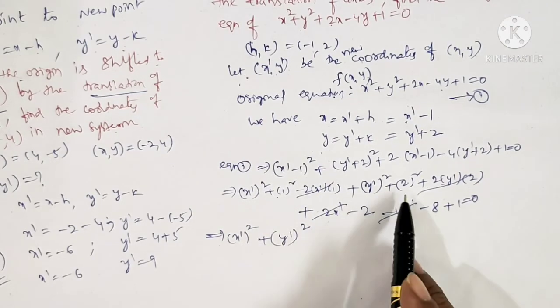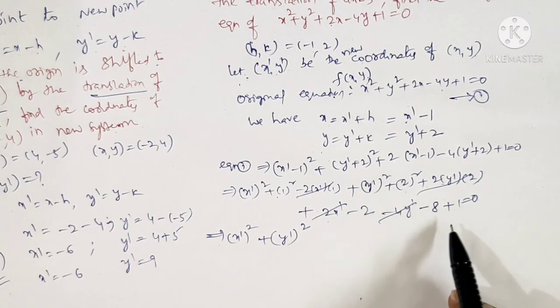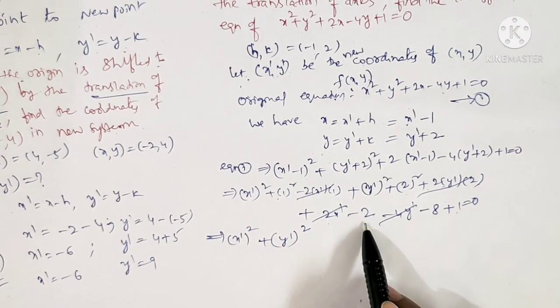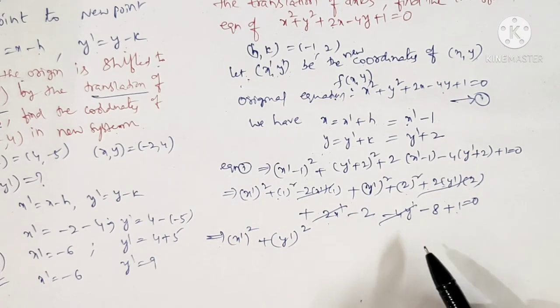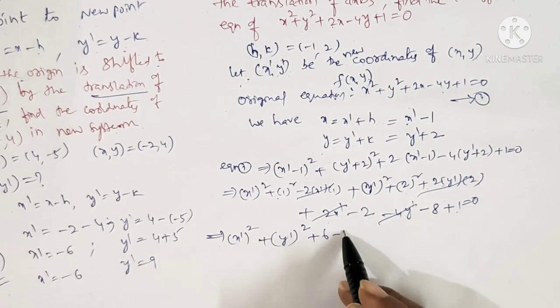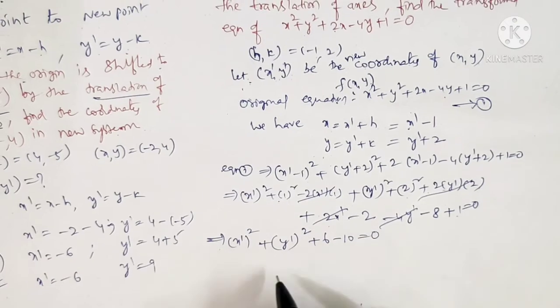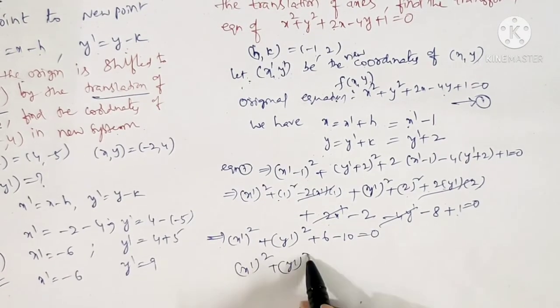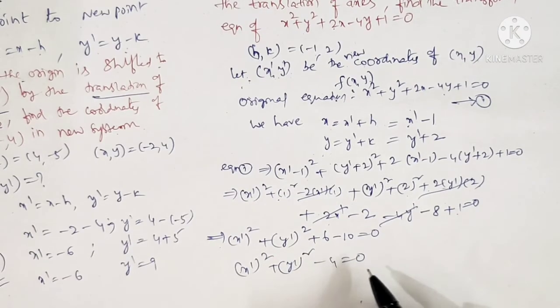Here 1 square plus 2 square is 5, 5 plus 1 is 6, 6 minus 2 minus 8, 6 minus 10. So plus 6 minus 10 is remaining, that is equal to 0. Therefore that is x dash square plus y dash square minus 4 is equal to 0.